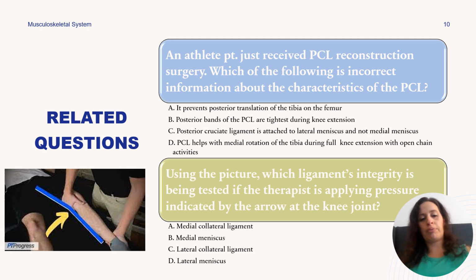Because when you're creating pressure on the outside, which is the lateral side, you're pushing on the inside, but you're going to test the ligament on the outside, which is the lateral collateral. Even though you may think, oh, but they're pressing the medial, the force is directed on the lateral. Okay.